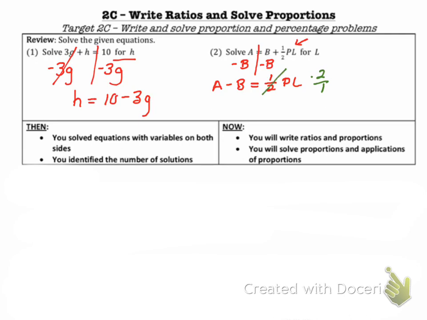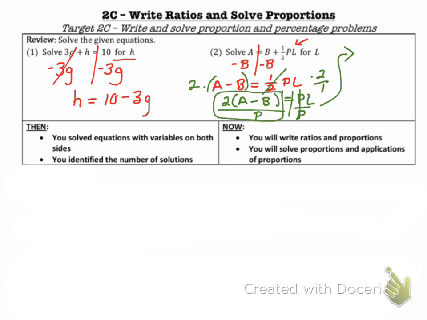So this cancels. Multiply this side by 2. Now I'm multiplying this whole thing by 2, so I would rewrite that as 2 and then in parentheses a minus b, is equal to p and then L. And then finally, the only thing by the L is the p, so I would divide everything by p. So this cancels, and this whole thing is what L is equal to.